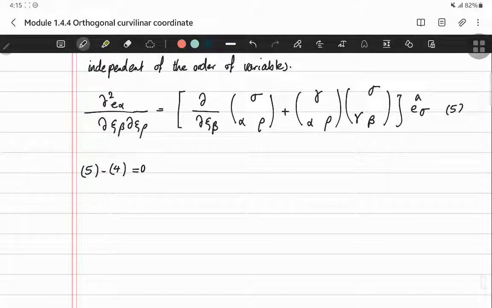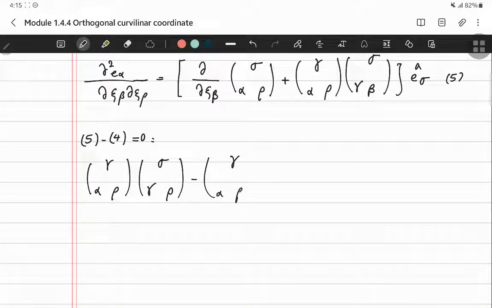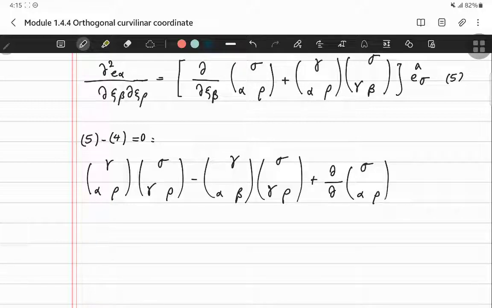So what I'm going to have is basically gamma alpha rho sigma gamma rho minus gamma alpha beta sigma gamma rho plus partial derivative of sigma alpha rho with respect to beta minus partial of this sigma alpha beta is equal to 0.